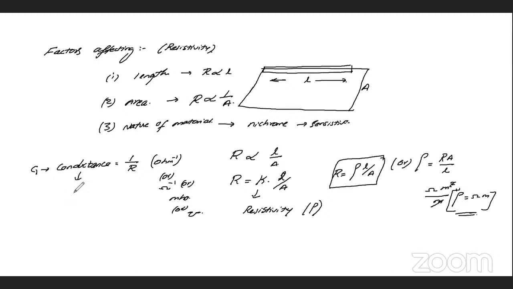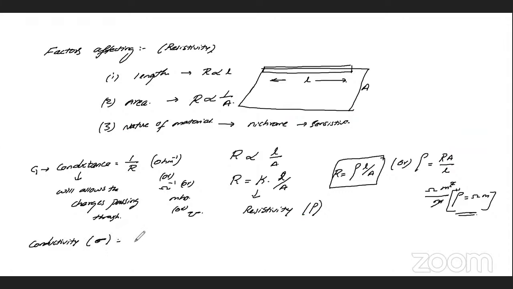Conductance is the reciprocal of resistance, which allows the charges to pass through the conductor. And the same thing for conductivity. The symbol for conductivity is sigma.